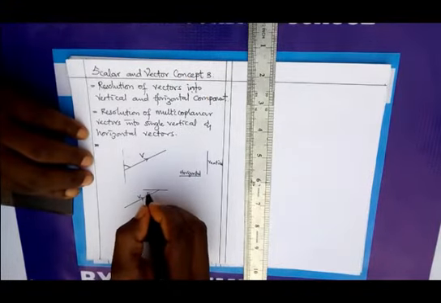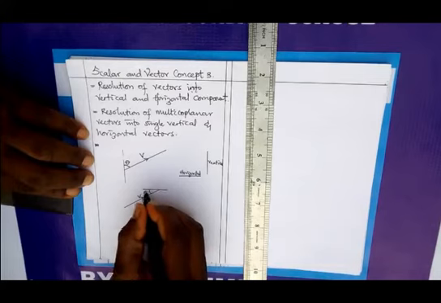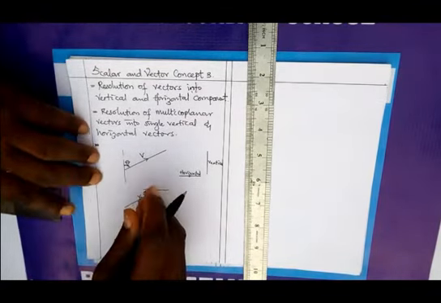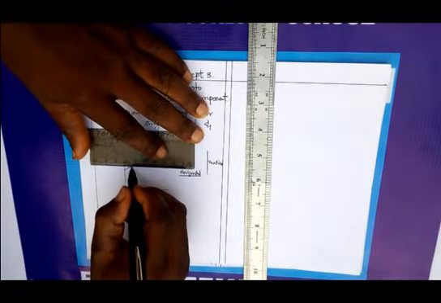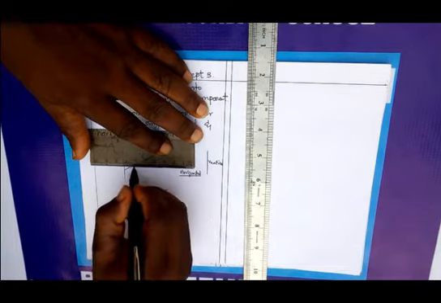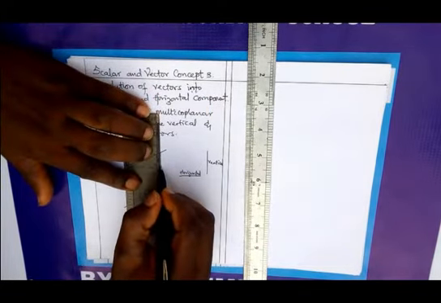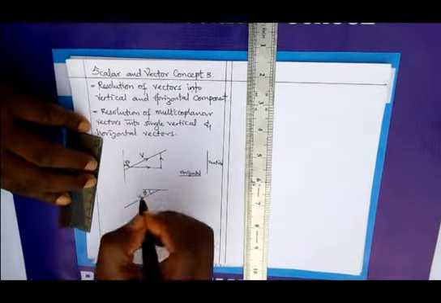Here I have theta, here I have phi. If you are given the angle which it makes with the vertical, you resolve it into a horizontal component and a vertical component. So the horizontal component is this, the vertical component is this.